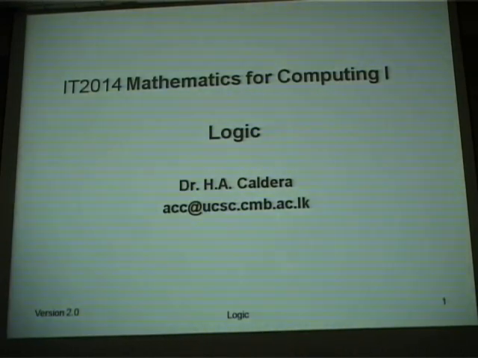This subject is mathematical computing 1, and as you know, there are several chapters in this subject. Let me discuss the logic first. Logic and set. If I have time, I will go through relations briefly. And as you know, logic is related to, for example, the argument.